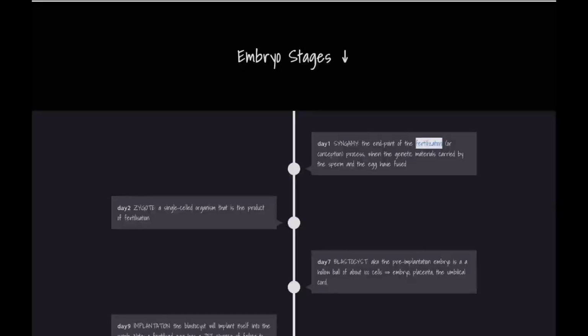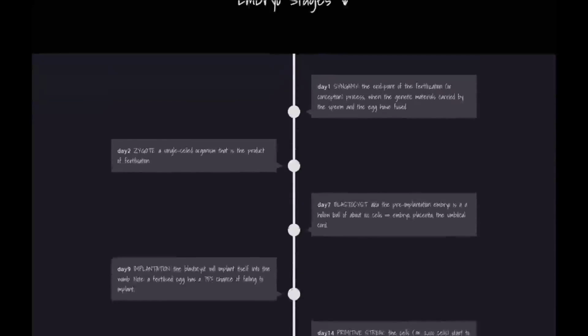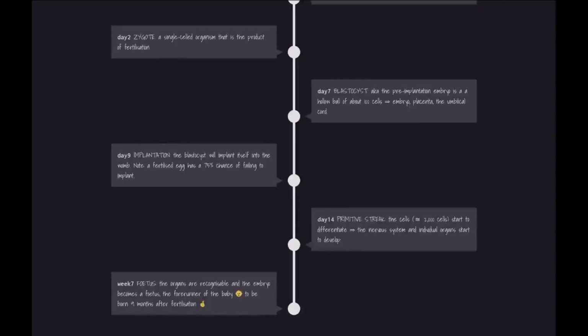Fertilization, sometimes called conception, is a 24-hour process, complete at the point of syngamy, when the genetic materials of the sperm and the egg have fused. The product of the fertilization is a zygote, a single-celled organism. After 5 days, the zygote becomes a blastocyst, or a so-called pre-implantation embryo, a hollow ball of about 100 cells, from some of which the embryo will develop.